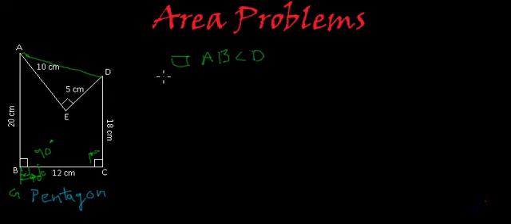And if alternate angles are equal, the lines AB and DC are parallel, right? And a quadrilateral where one pair of lines are parallel, we call it trapezium. So actually ABCD is a trapezium, isn't it? Yes. Okay, so ABCD is a trapezium, and we know how to find the area of a trapezium. And what we have to do next?